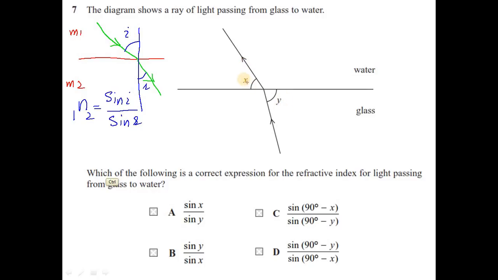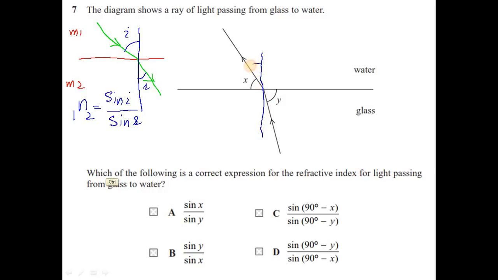Please don't confuse the angle X and the angle Y. They are not the incident angle or refracted angle. Angles are always measured from the normal line, so you will have to figure out, because the normal line is this.